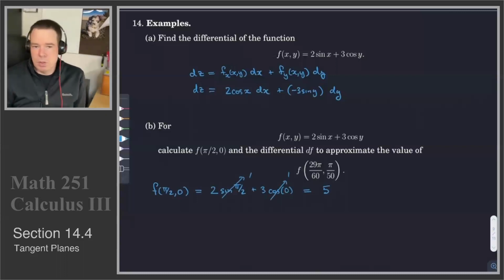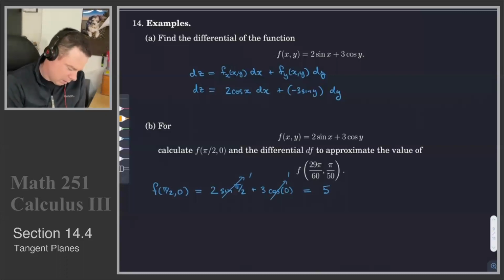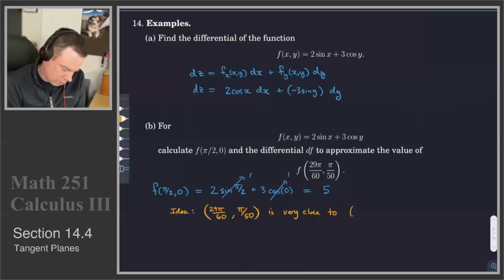Now, the next part of the question is, let's use the differential to approximate the value of f at 29 pi by 60 and pi by 50. So the main idea is that 29 pi by 60, comma, pi by 50 is very close to pi by 2 comma 0.